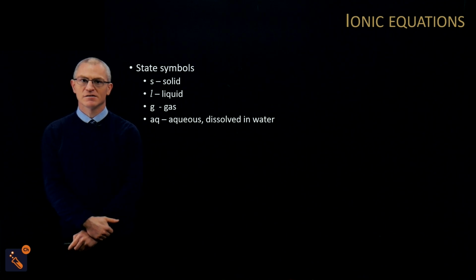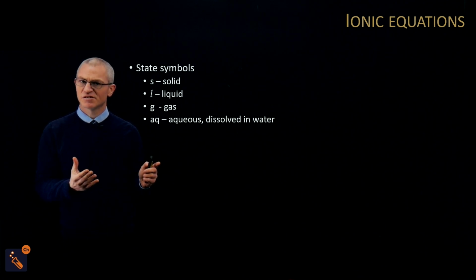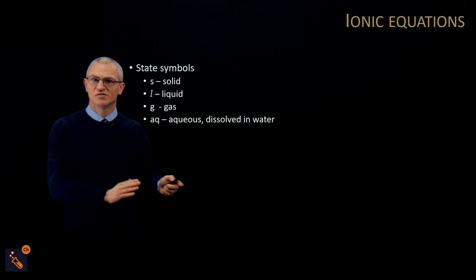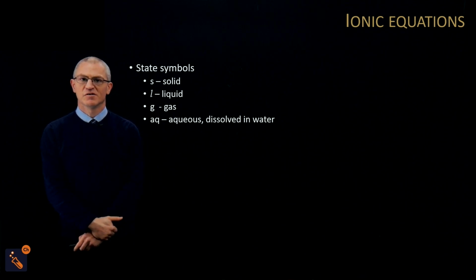Remember, dissolved means dissolved to a certain extent. Things can dissolve a little bit or a lot, so when I say dissolved, it's a very vague measure. But generally, if you're doing equations, you should put AQ if there's water around and there are ionic substances.